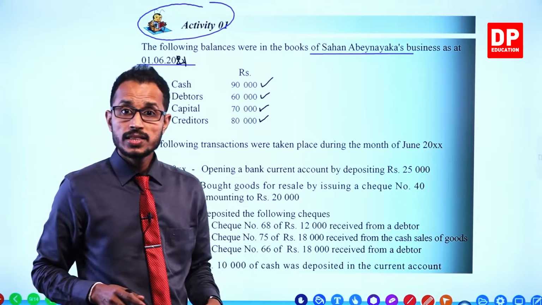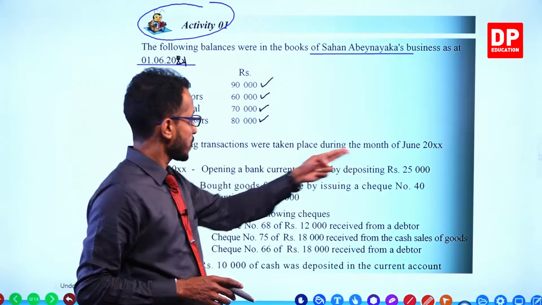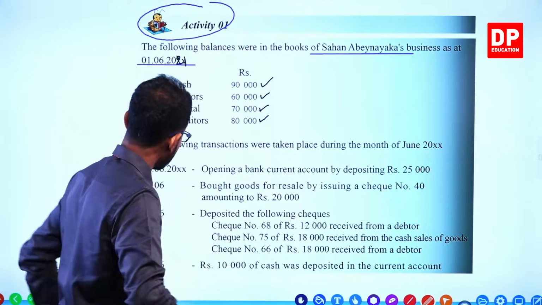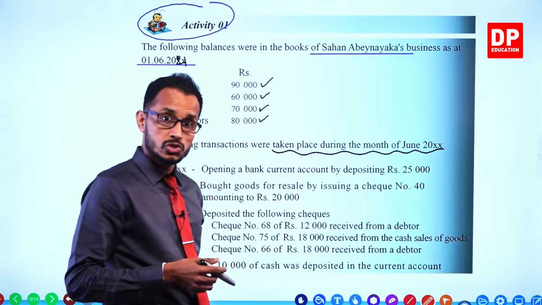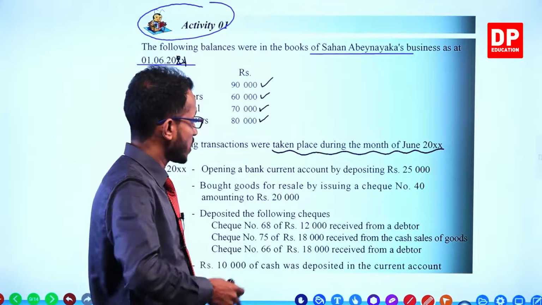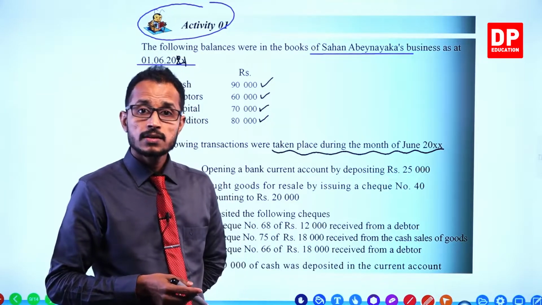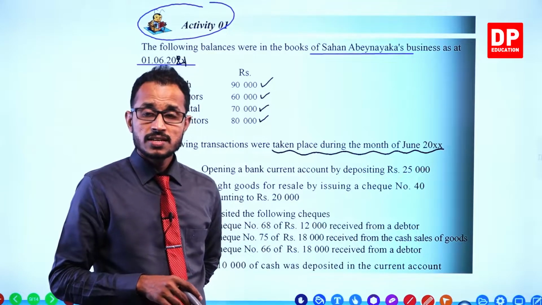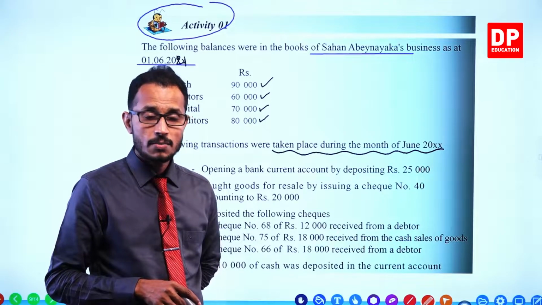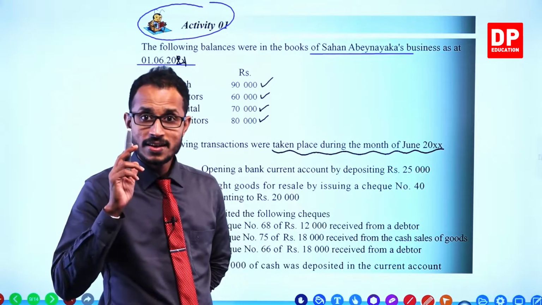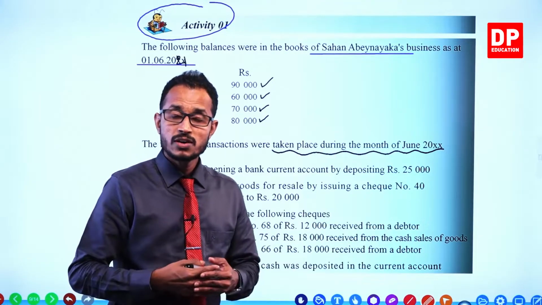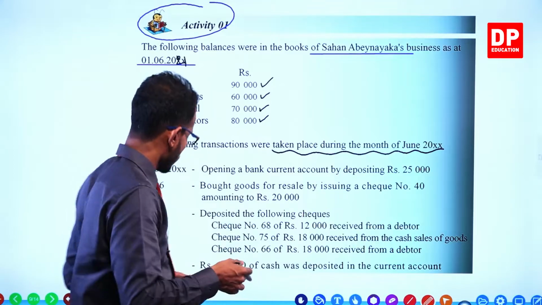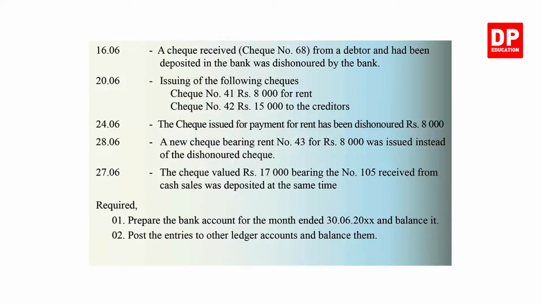All right, with that, children, we have some transactions given. These transactions have taken place during the month of June. So for an entire month, a set of transactions we are about to record in the bank account, and maybe the cash account, cash book also, will be involved. Let's see. All right, what are we required to do?